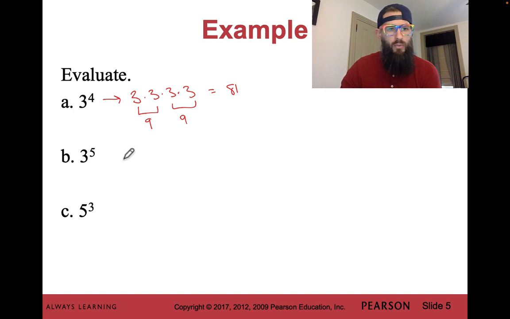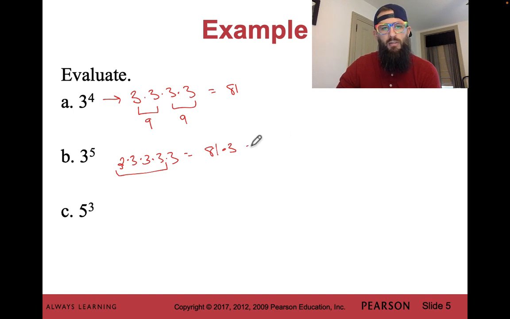In this situation, we have 3 times 3 times 3 times 3 times 3. So what we can essentially do is we have 3 to the 4th power is going to be 81. So 81 times 3 gives us 243.